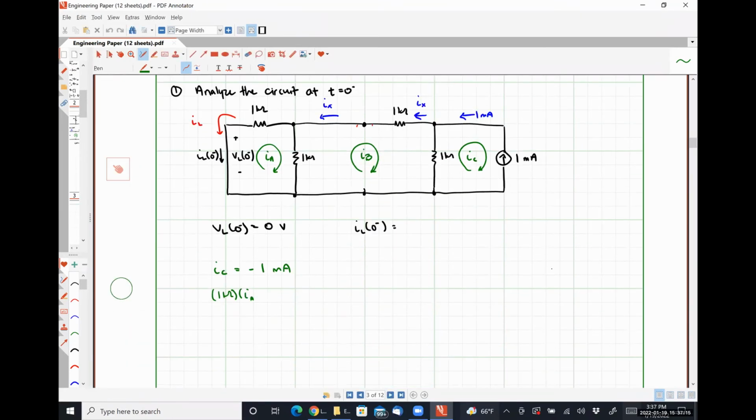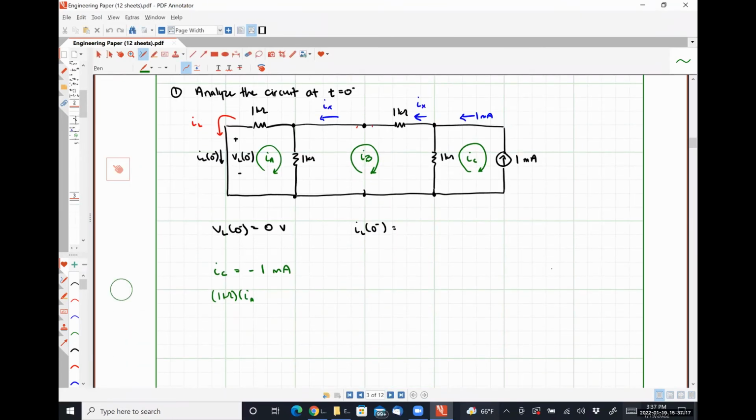All right. So we're going to have 1 kilo ohm times IA plus 1 kilo ohm times IA minus IB is equal to 0. So that's our KVL around mesh A equation, which I hope I got correct.